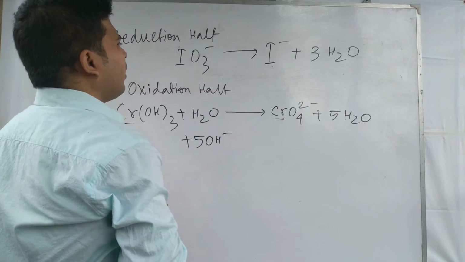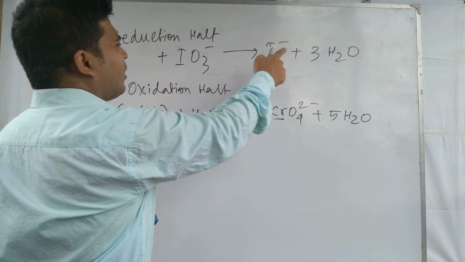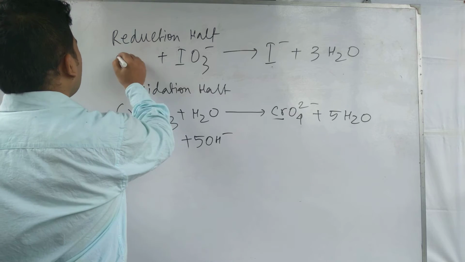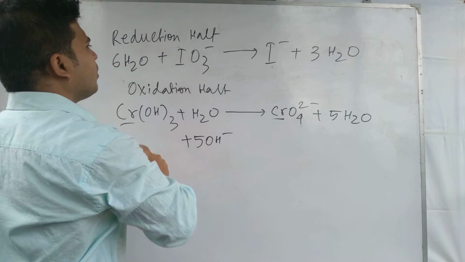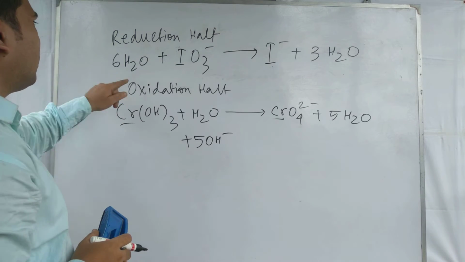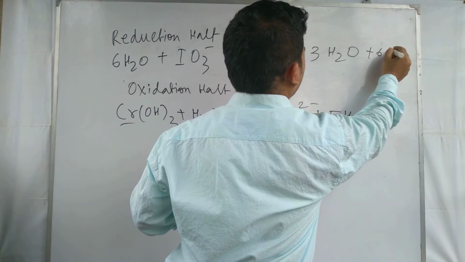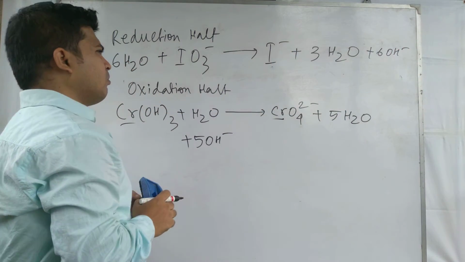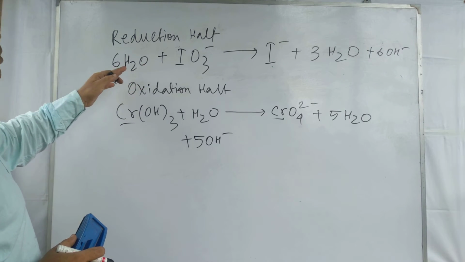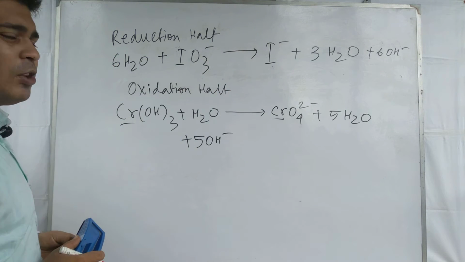Next point is that 3 into 2, 6 H is on the right hand side, but on the left hand side no hydrogen is present, so we have to add 6 H2O here, and after adding the 6 H2O you have to add 6 OH minus also on the left hand side, because when we add water for removing the deficiency of hydrogen, we have to add an equal number of OH minus on the opposite side.